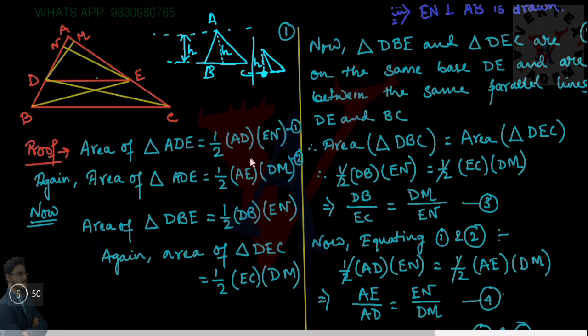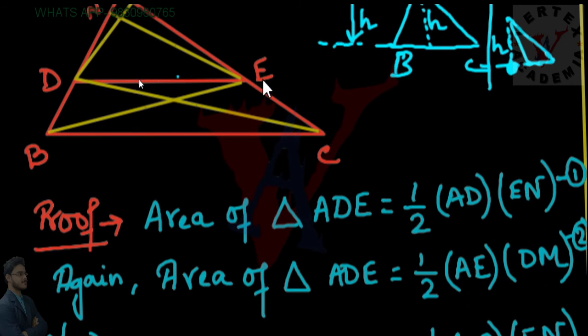Now coming to the next triangle, that is DEC here. Again I have done the same thing. Area of triangle DEC is half into EC into DM. In this triangle DEC, you can see clearly that AC is an extension of the base EC, and DM by construction is a perpendicular on the AC, right?